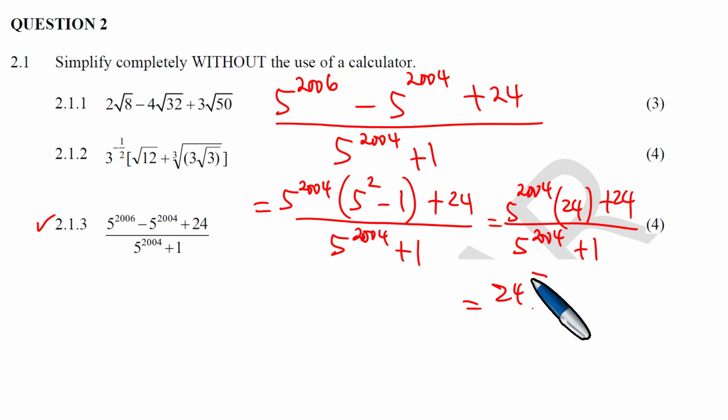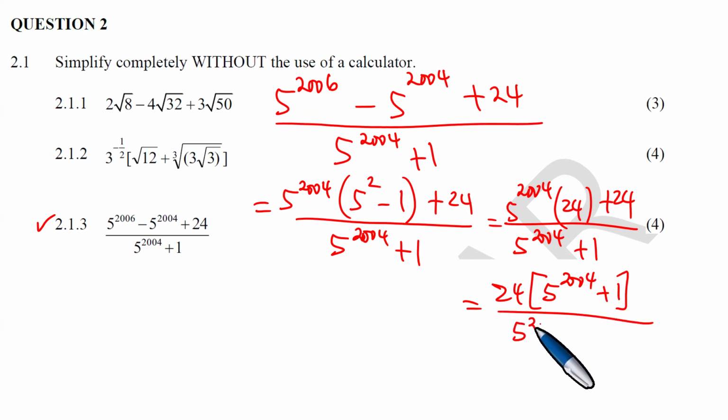Okay, 24 is a common factor. 5 to the power 2004 plus 1, all divided by 5 to the power 2004 plus 1. So these cancel, and the answer is clearly equal to 24. And we have seen before that 24 is the answer to the question.